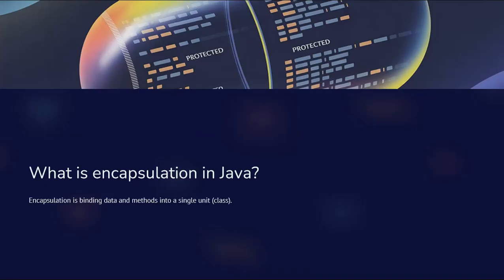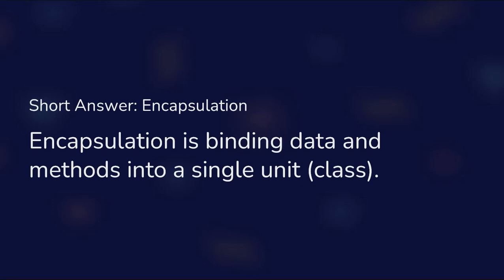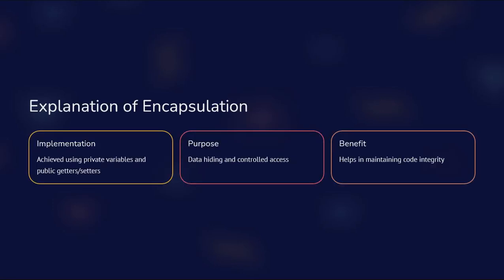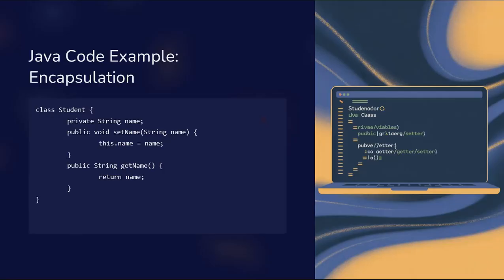Now the question, what is encapsulation in Java? Encapsulation is binding data and methods into a single unit called a class. Right? It is achieved using private variables and public getters and setters. The main purpose is data hiding and controlled access. Benefits: helps in maintaining code integrity.